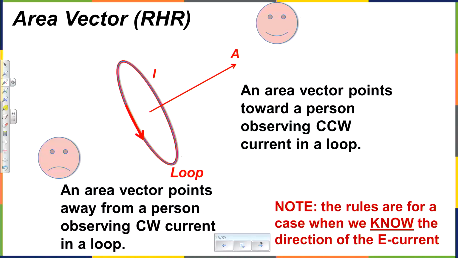If we curve fingers in the direction of the current in the loop, the thumb shows the direction of the area vector, but that only works when we know. If we don't know, we just pick any direction and see how it works out. For example, if the current alternates in time. But for DC current, we always can use this rule.